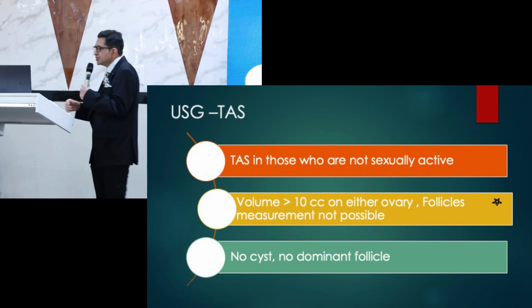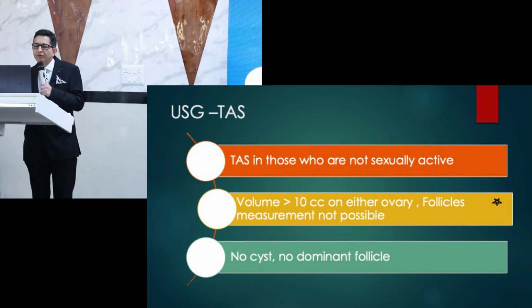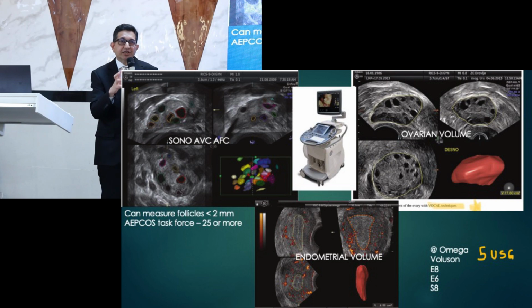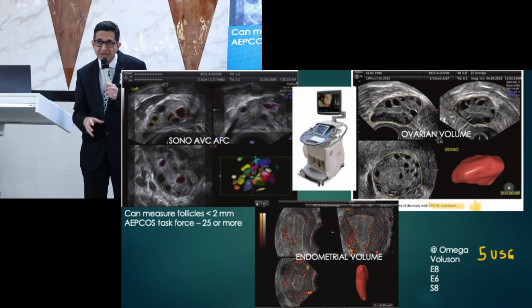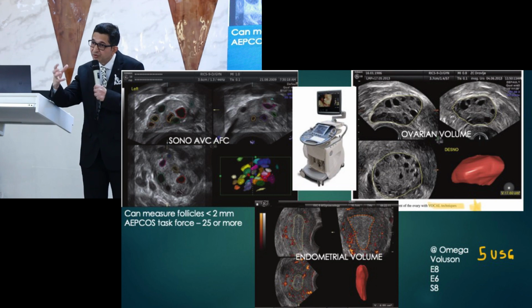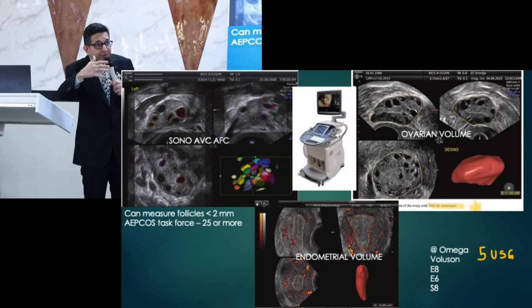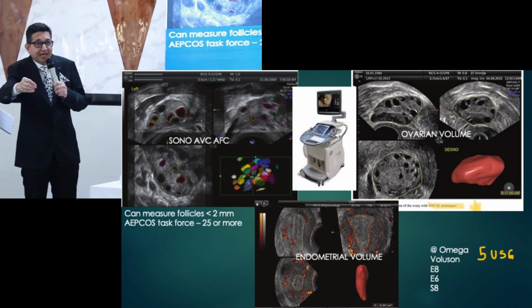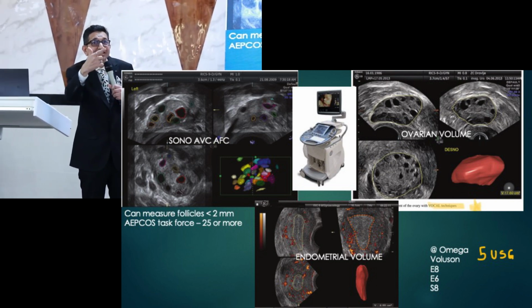Because what happens is, this is something which I would like to show you, that there is something called as SonoLEC, and this is the feature of Voluson machine where they get the 3D picture of the ovary, and therefore the follicles in the depth in the 3D can also be measured, and therefore the number is increasing.